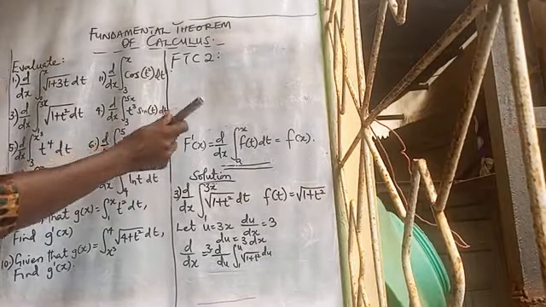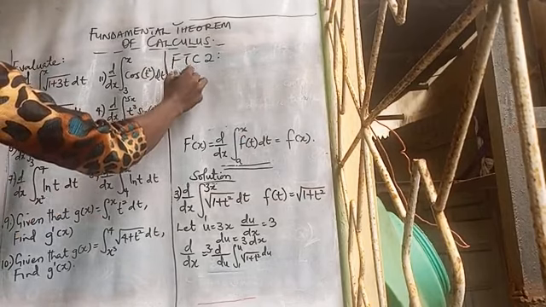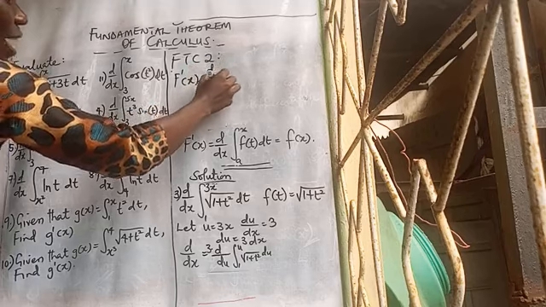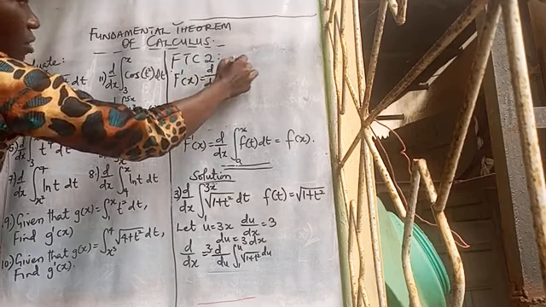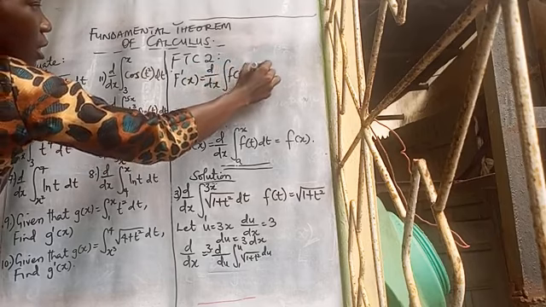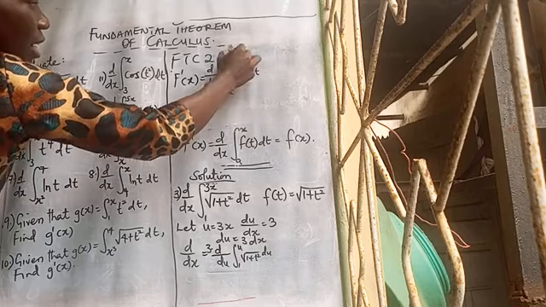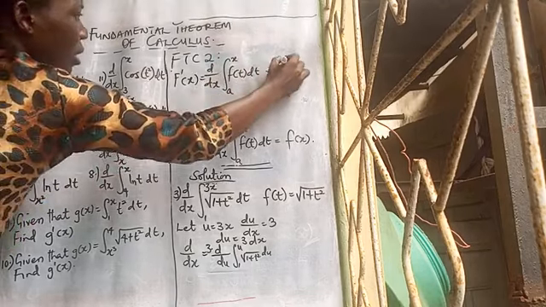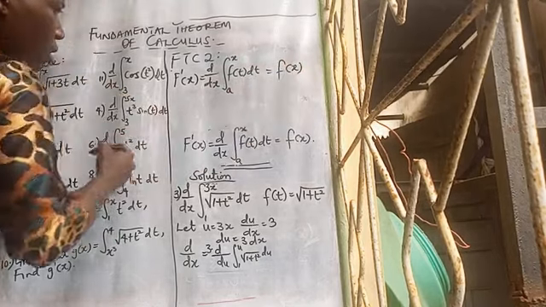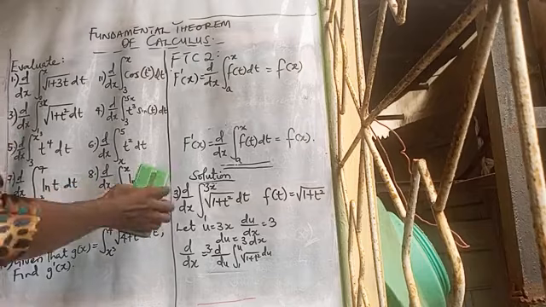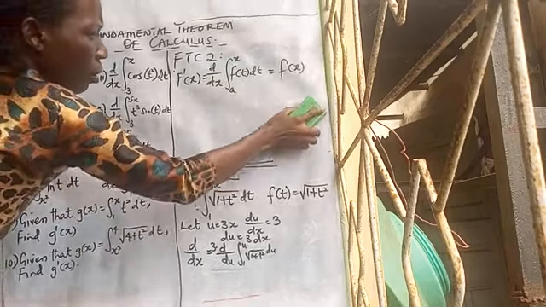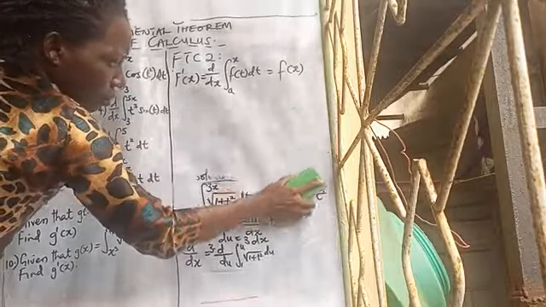The derivative of F of x is equal to d/dx of the integral of f of t dt from the constant a to the variable x, and that is f of x. That's our second version of the fundamental theorem of calculus.